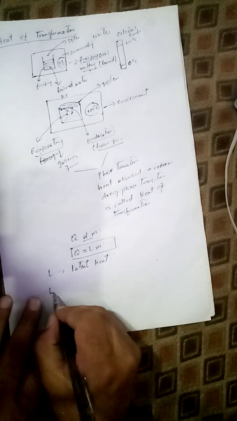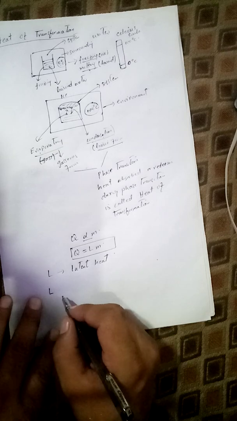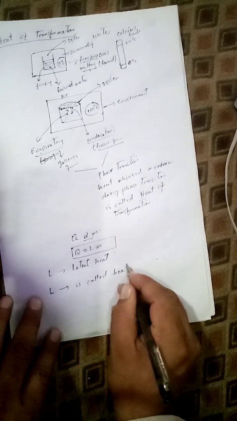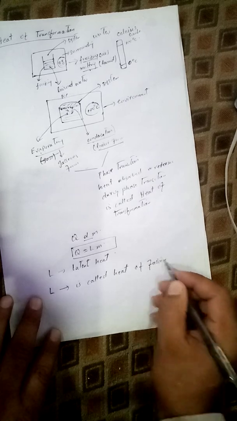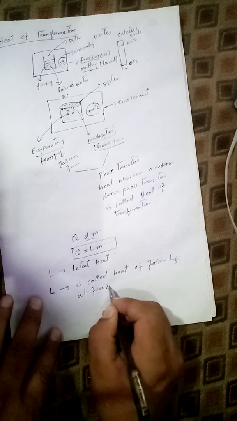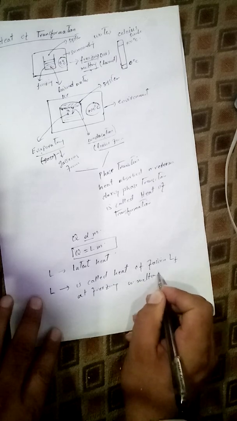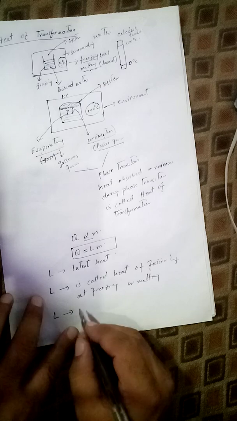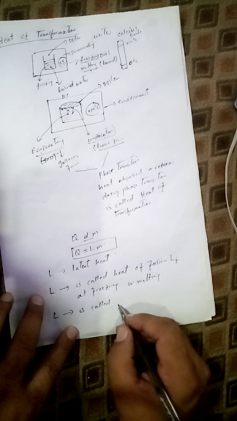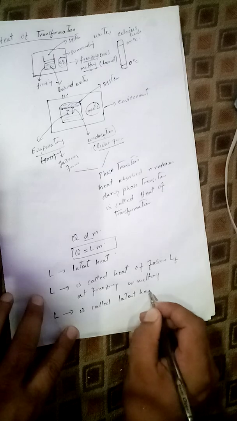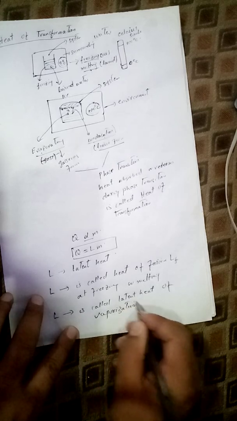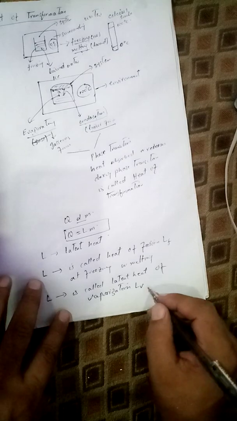Now this latent heat L is called heat of fusion, LF, at freezing or melting, and L is called heat of vaporization or latent heat of vaporization, denoted by LV, at evaporation and condensation.